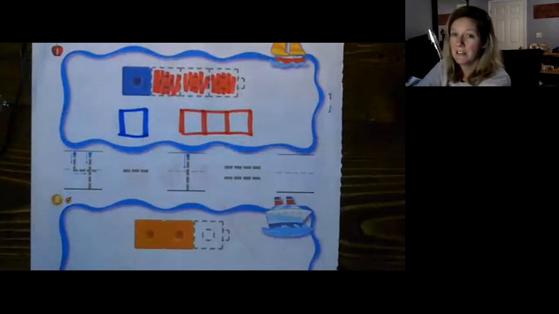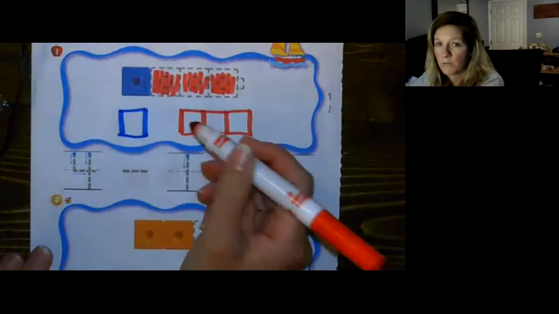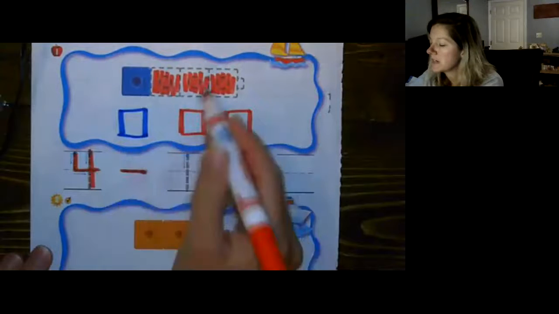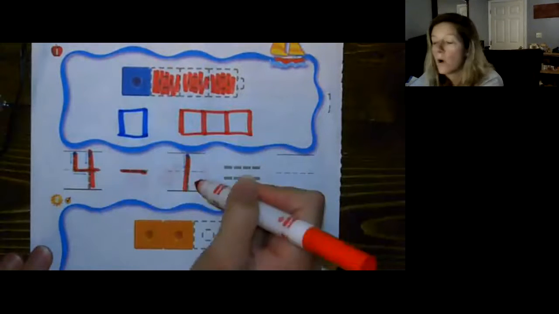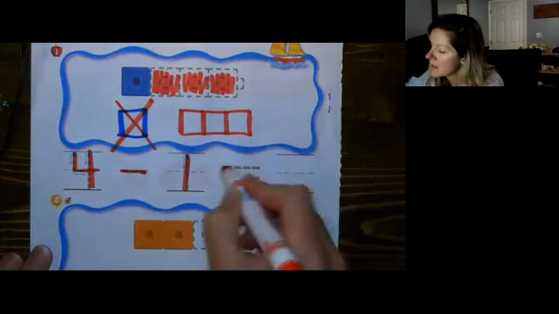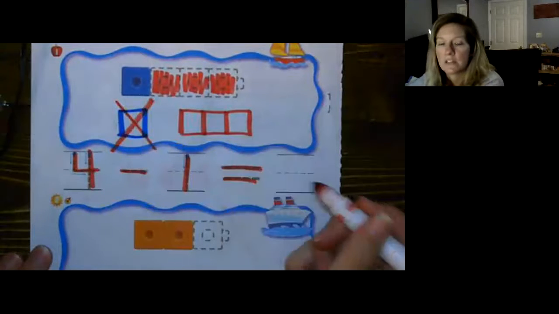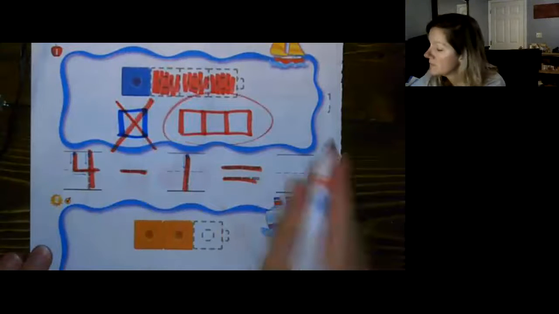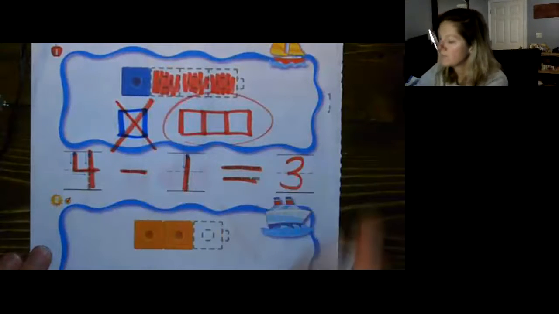Okay, so I've taken them apart. How many cubes were there all together before we took them apart? 4. There were 4 cubes all together. How many are we taking away? 1. So let's go ahead and mark an X on that 1. All right, now how many are left over? Go ahead and circle that one. How many are left over? 3. Very good.